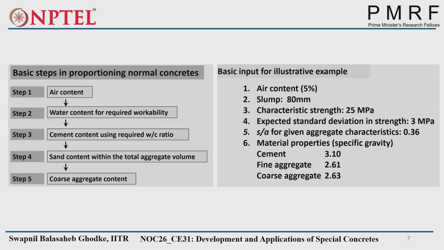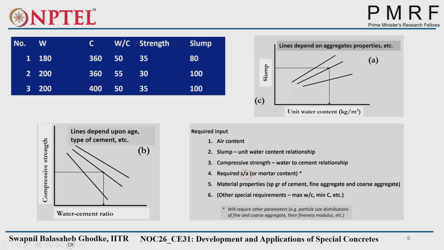So we have 30 MPa as the design strength. Based on that, can we calculate? Suppose we consider the slump value of 80 mm. Based on this plot, we suppose we are getting 160 kilogram per meter cube water content with respect to the slump of 80 mm.